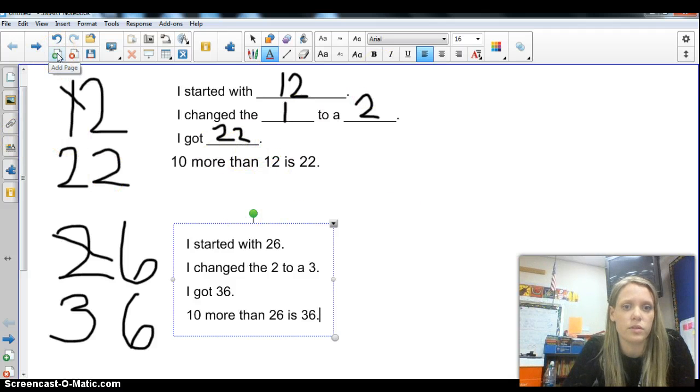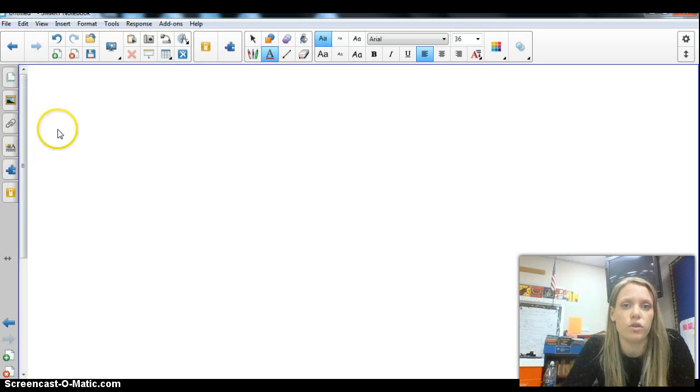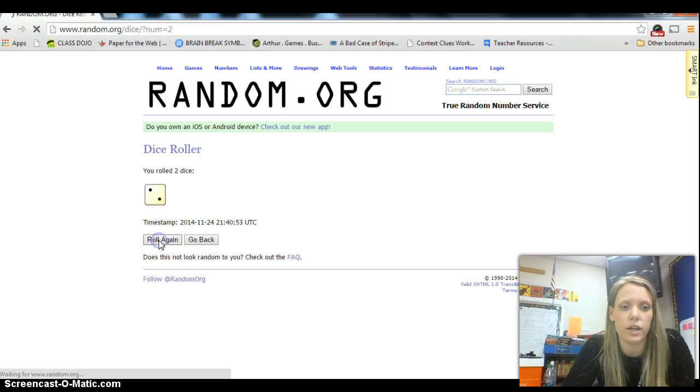Now sometimes you are going to use rods and cubes to find this strategy. So I'm going to go back and I'm going to roll again to find my new number, and I had 25 this time.